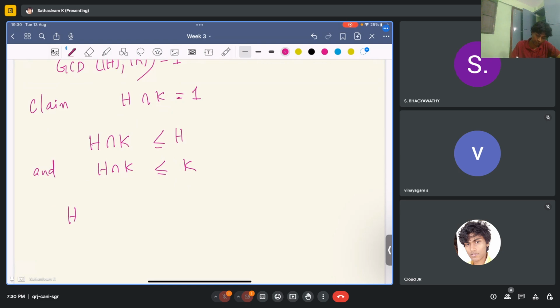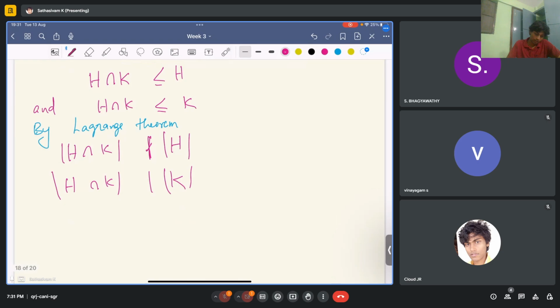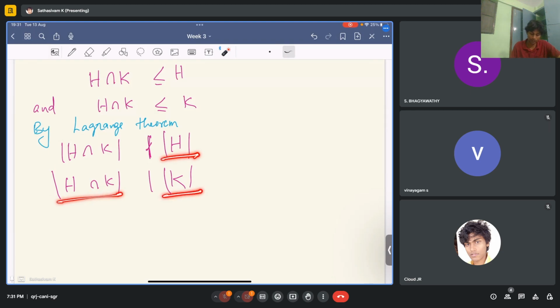By Lagrange theorem, the size of the intersection divides the size of H, and also divides the size of K. So the size of H intersection K is a divisor of the size of H and the size of K.